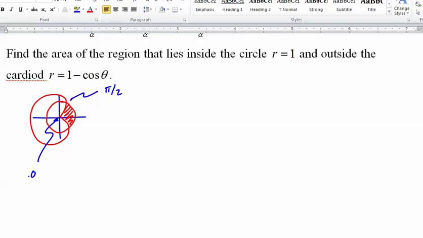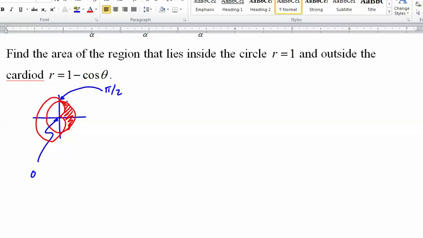I'm going to find the cardioid area and subtract it from half the circle.